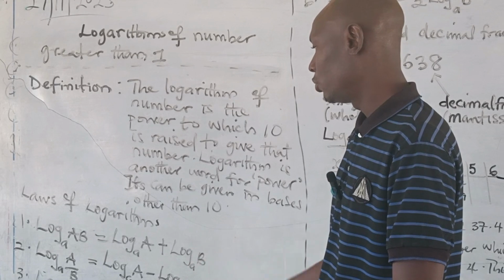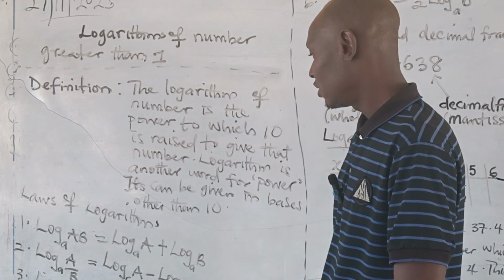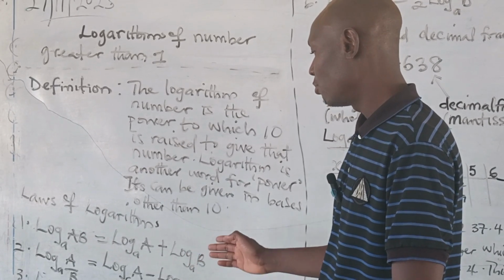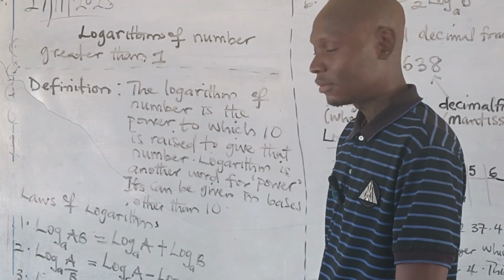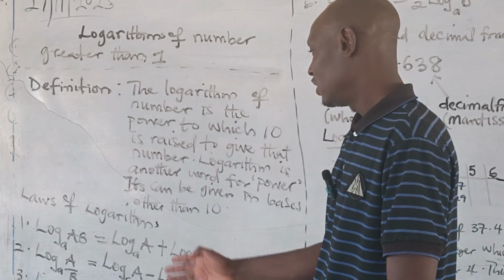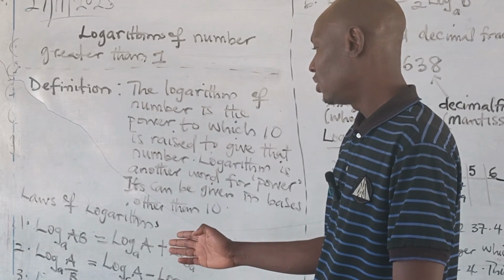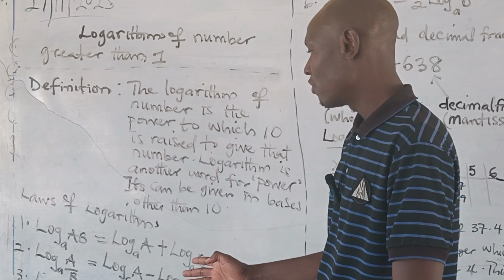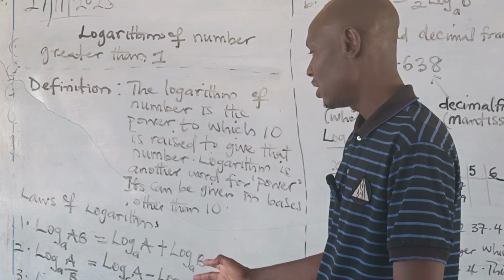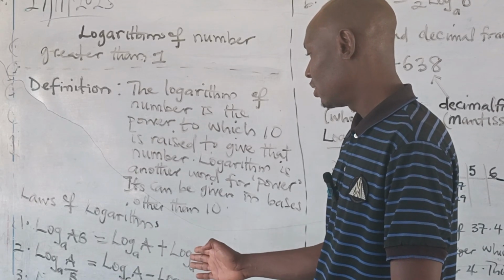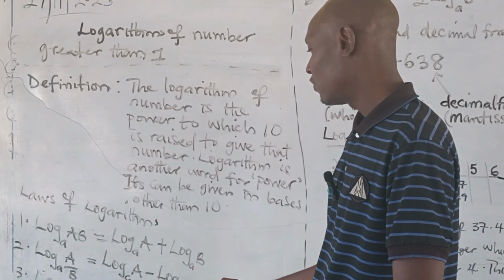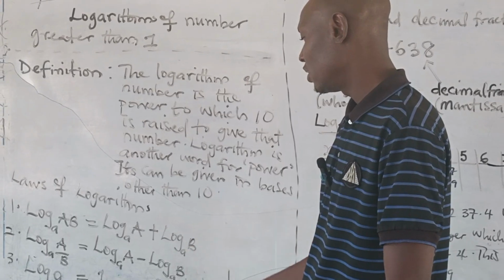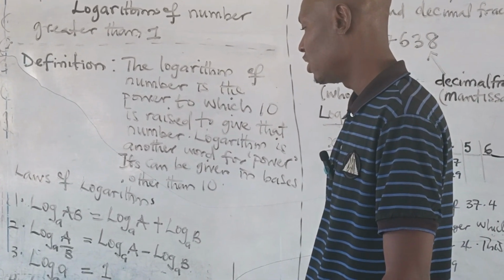In the product rule, it can be expressed as log A base A plus log B base A. Then the second one, if you have log A over B base A, this can be expressed in the form of subtraction. So we have log A base A minus log B base A.